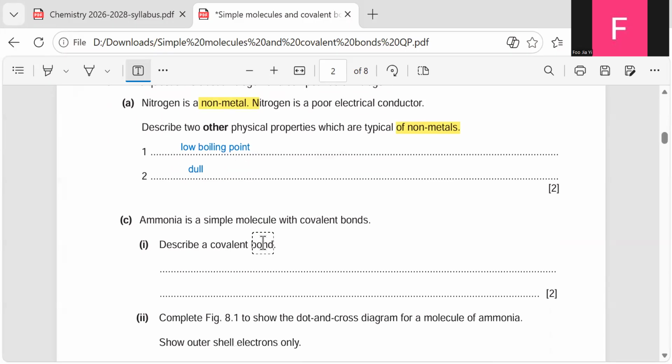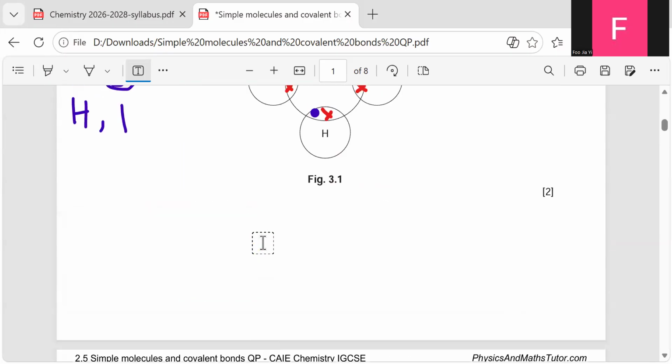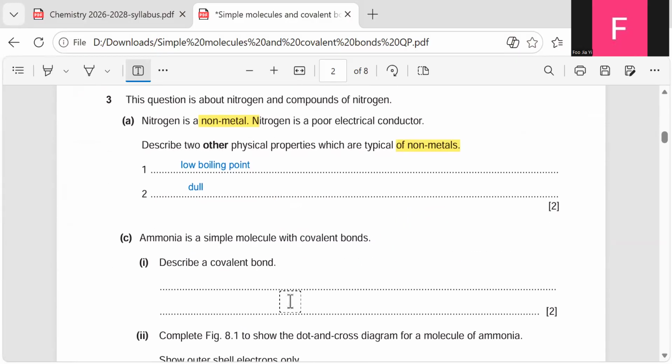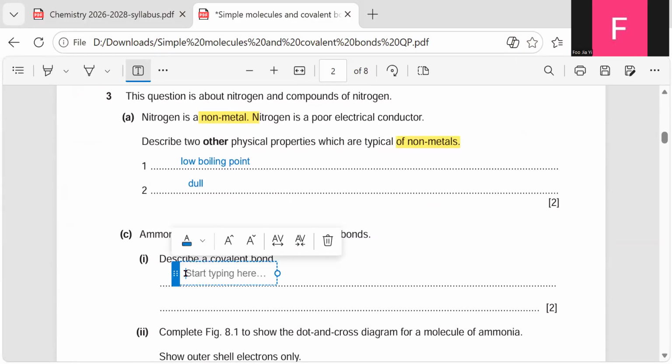Covalent bond is all these things that we learn. So what is a covalent bond? Sharing a pair of outer shell electrons between two atoms.